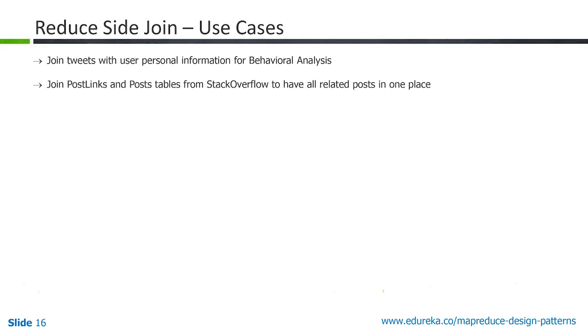So probably this is a duplicate of some other post. So that kind of data is maintained inside post links, and posts is where, as I said, you have all your posts maintained. So our job here is to combine all these things together into single records, and I'll show you the code for that.